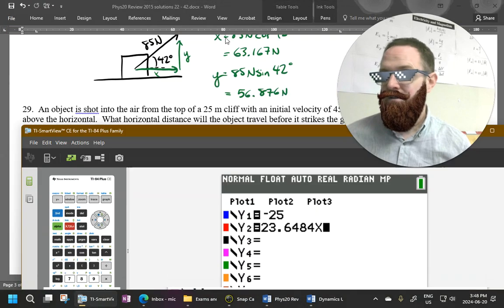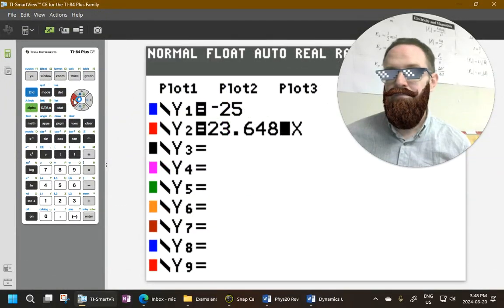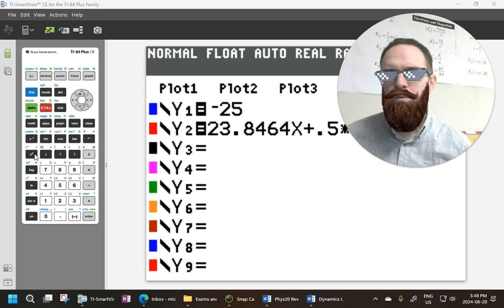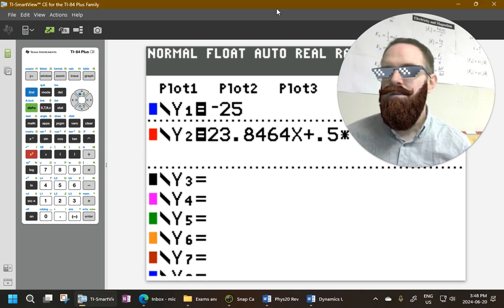Oh, it's 8464. Let me just change that. 8464. And then over here, I'm going to go plus a half times negative 9.81 times x squared. Let's see what that looks like.